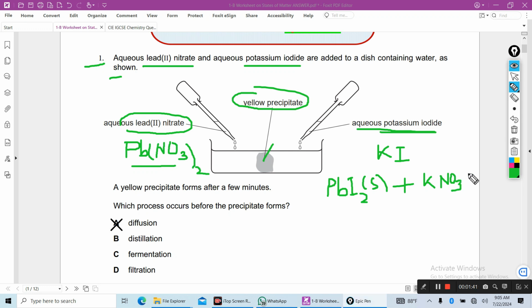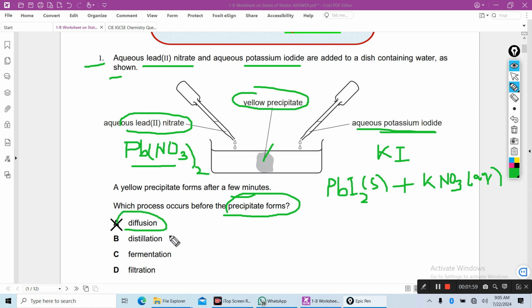A yellow precipitate forms after a few minutes. Which process occurs before the precipitate forms? That means they diffuse, they move. Distillation wrong, fermentation wrong, filtration wrong.